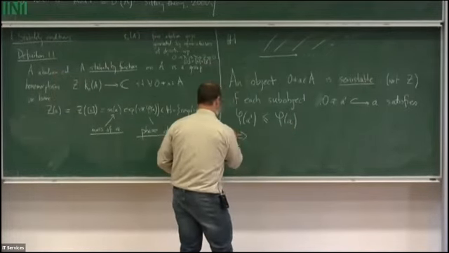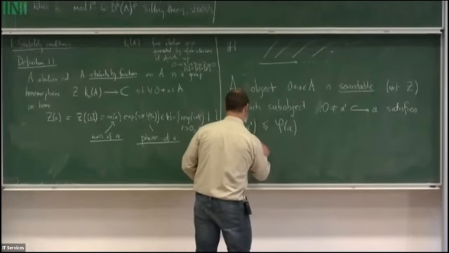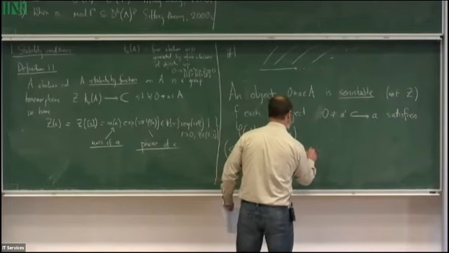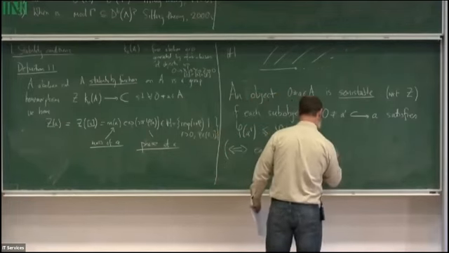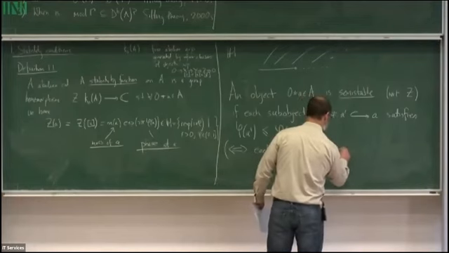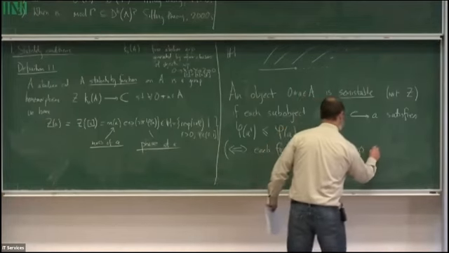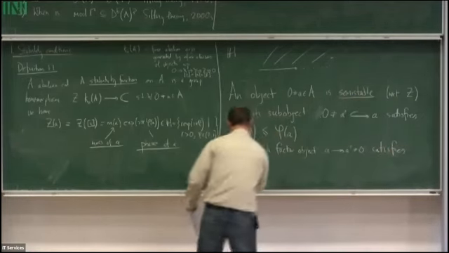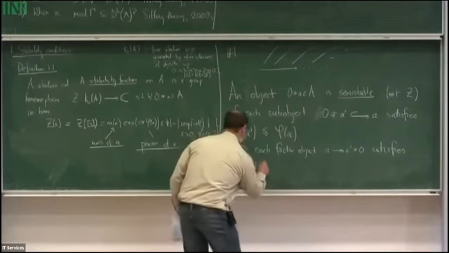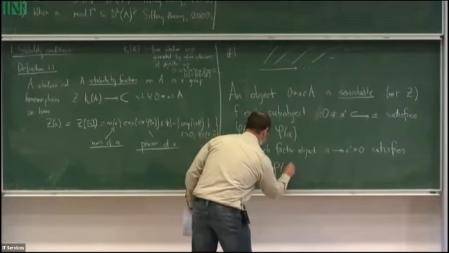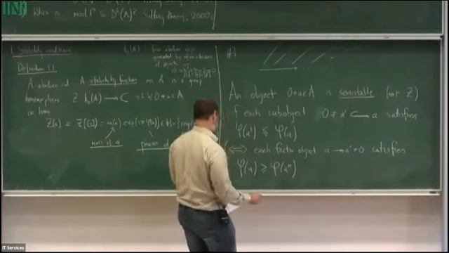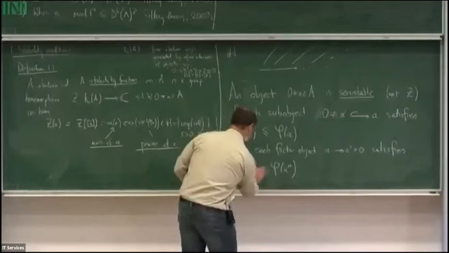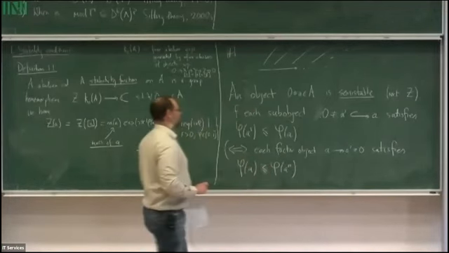So if and only if each quotient object satisfies the reverse inequality. Let me double check. I switched my order and switched my sign, getting something wrong. So here.